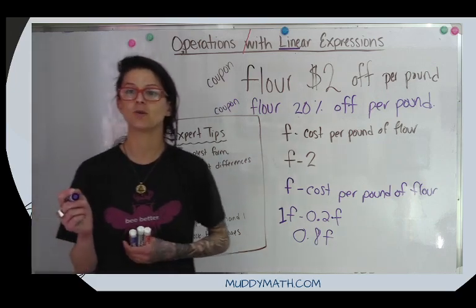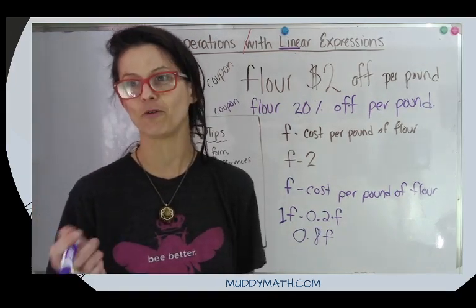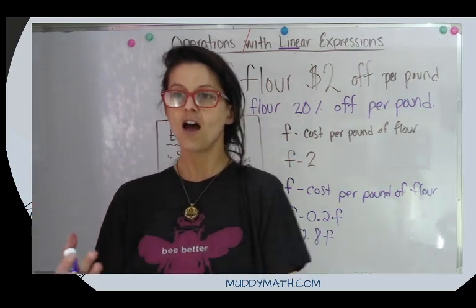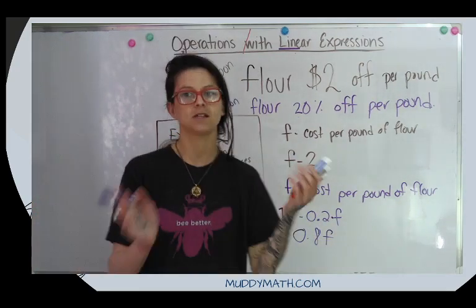Now let's think about how much we want to sell a pound of pizzas for, or pizza crusts. Let's just say pizza crust, because then we don't have to consider the cost of the toppings and the cheese and the oils and everything.